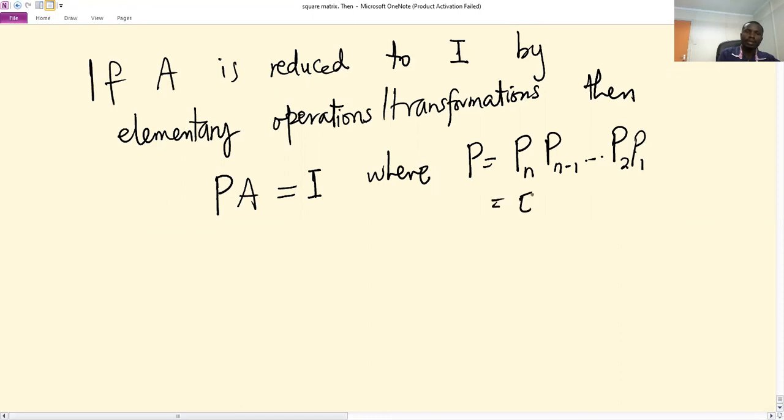These simply define the elementary matrices. So P is the elementary matrix.